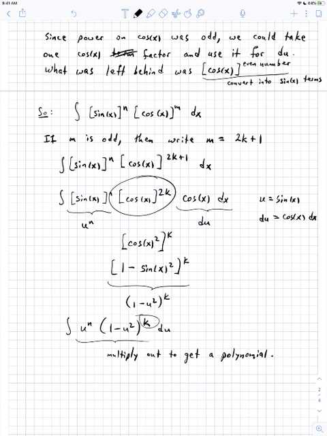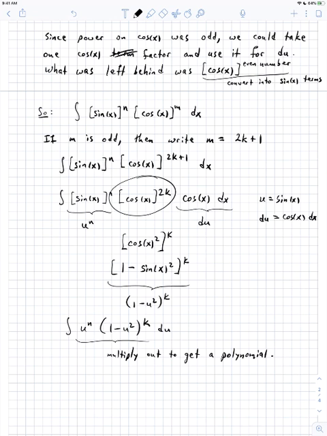Now that k might be a large number. It's got to be an integer, a whole positive whole number in this case, but it might be big, and so this might be a really difficult thing to actually compute, but the point is that you're capable of doing it. It gives us a way of taking an integral that we don't know how to do and showing us a way to do it, even though that way might actually be difficult.